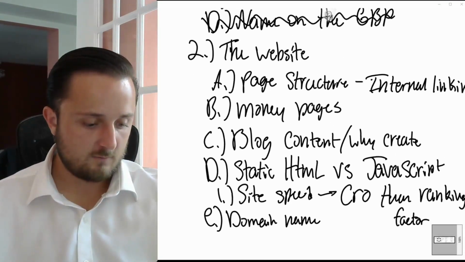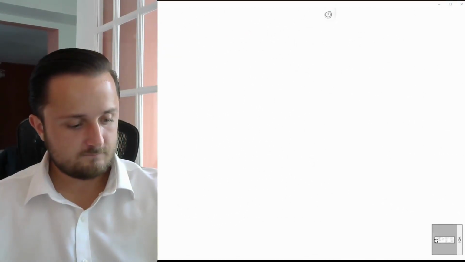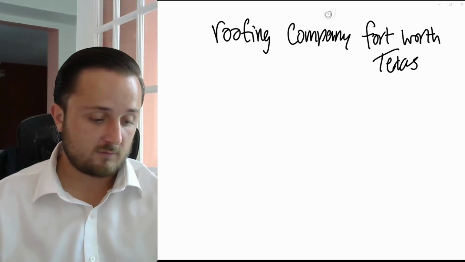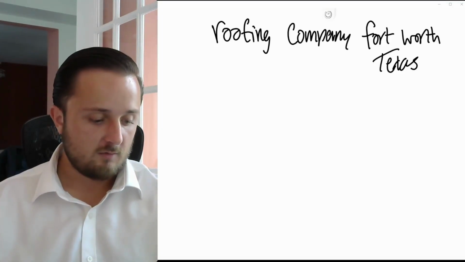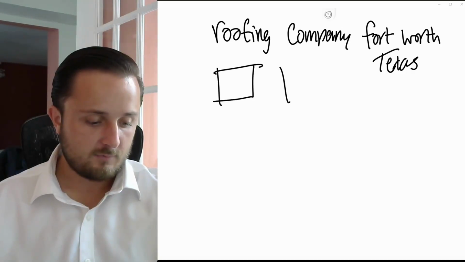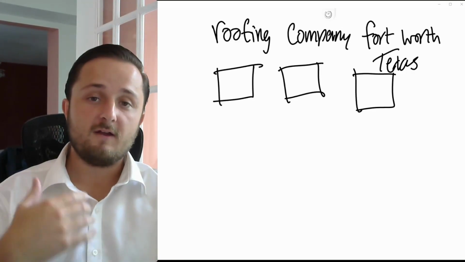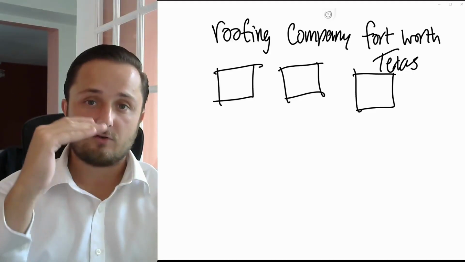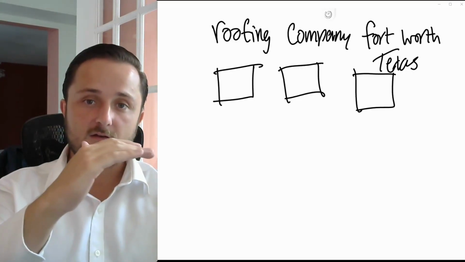All right, now we're going to talk about page structure and internal linking. As a roofing company based out of Fort Worth, Texas, for our internal linking structure, we want to properly internally link all of our pages so that Google finds all the URLs, which are the pages, and then crawls all of them.